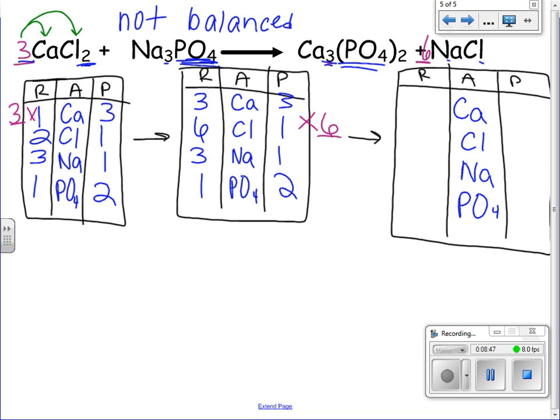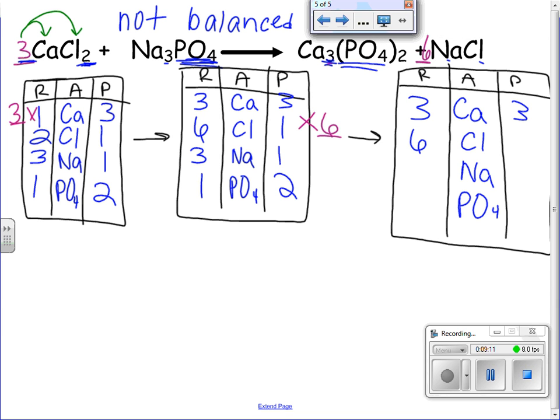Okay, we still have 3 calciums in the reactants, Ca3, so 3 calciums in the products. We have 3 times 2 chlorine atoms in the reactants, so 6 chlorine atoms in our reactants. And okay, we now have 6 chlorine atoms in our products, right?